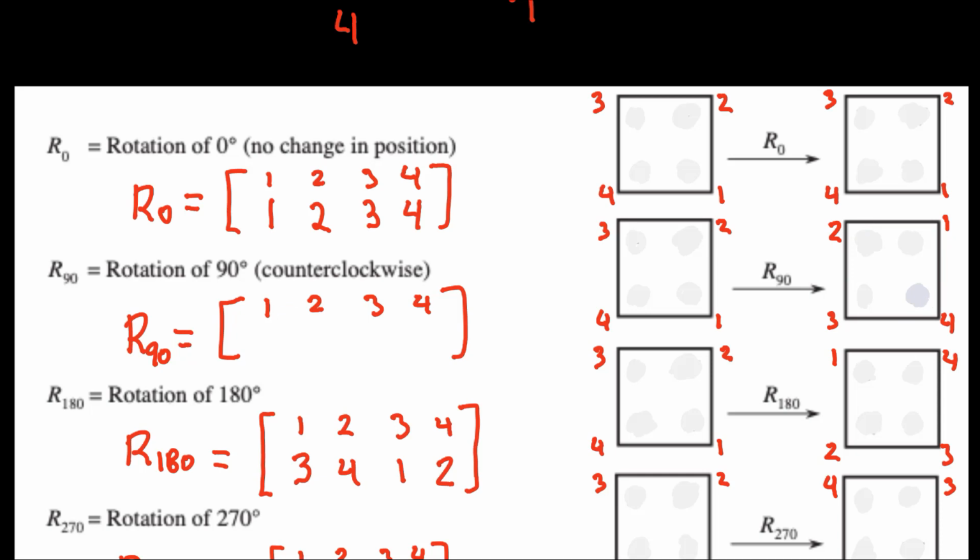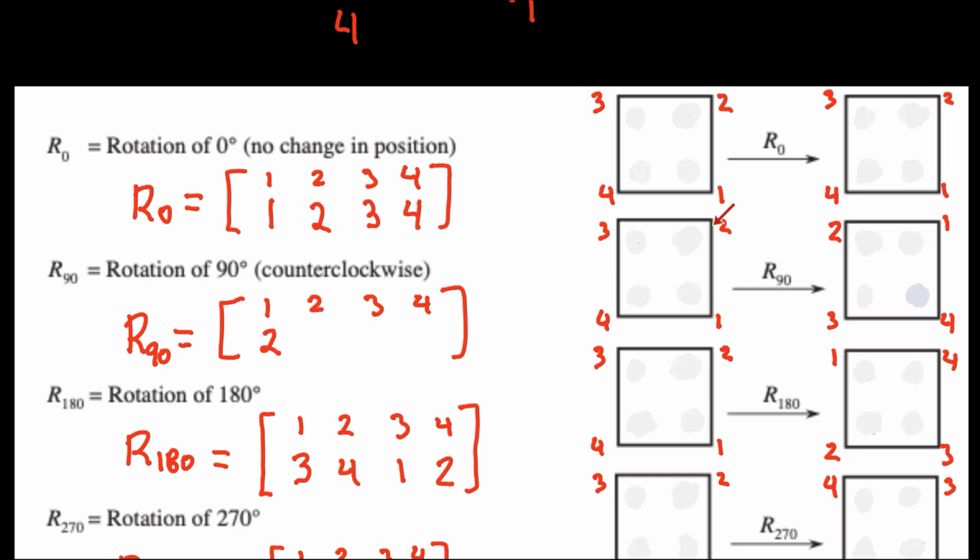Now, how are we going to represent that rotation of 90 degrees as a permutation? We're going to see where the positions of these elements go. When you do the rotation, you see the 1 now moves to this position. So we're going to say 1 moves to the position number 2. I'm going to indicate that here.